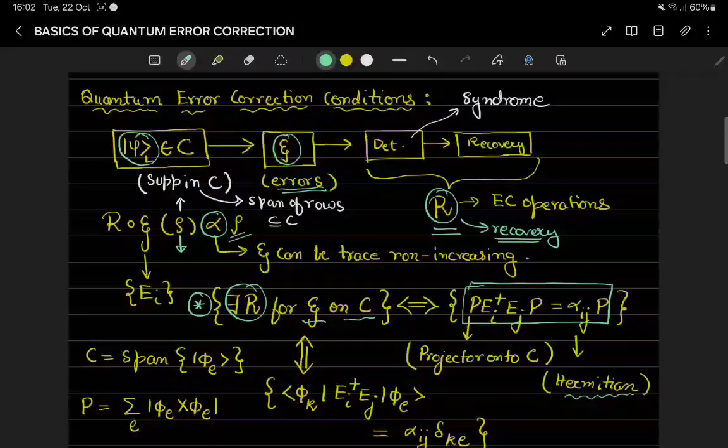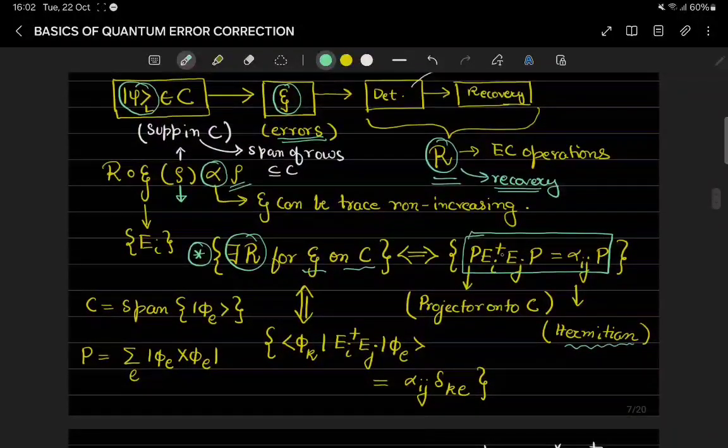What this means, in a different way, is that I can take this equation, which I denote by star, and calculate the matrix element of this equation on the code space, which is denoted by C, the span of phi L. If I squeeze it on the left by phi k and on the right by phi L, I will get a delta KL, because the code space words are orthogonal to each other, and the projector acting on the code space keeps it invariant.